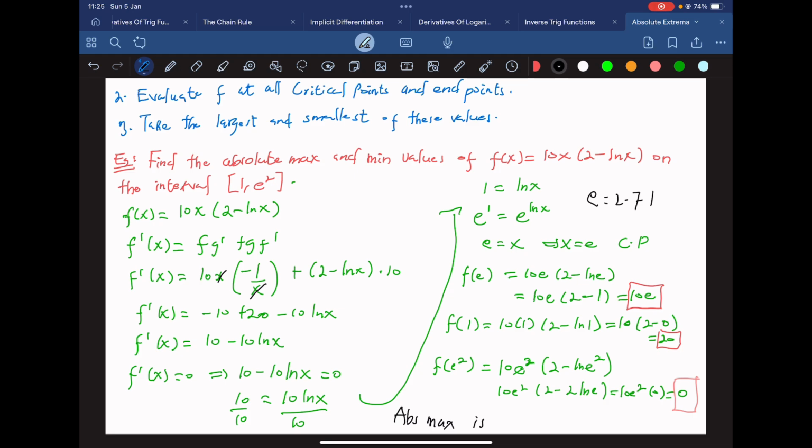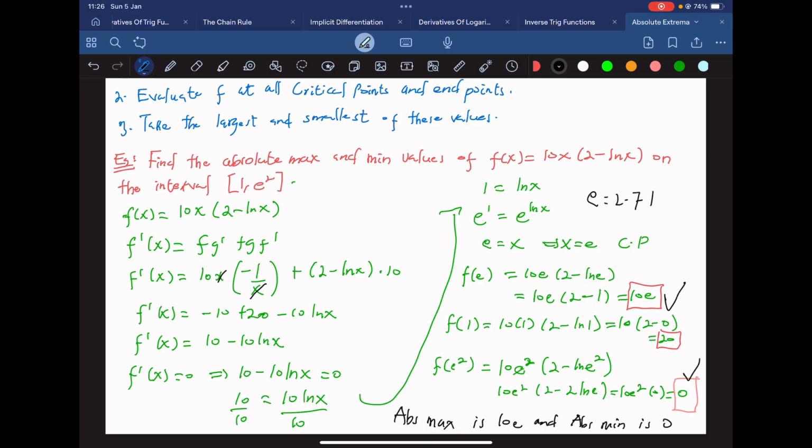So if you multiply it by 10, we get 20 point something, which is absolutely bigger than 20. So absolute max is 10e and absolute min is 0. So this is the bigger value and this is the smallest value.